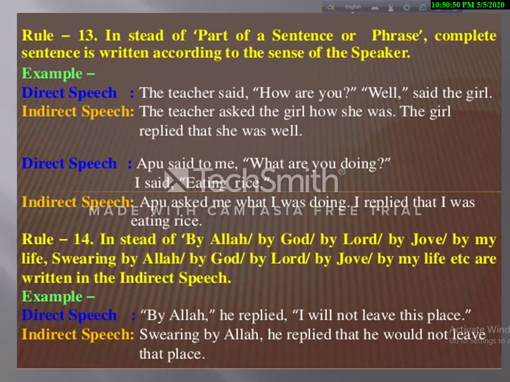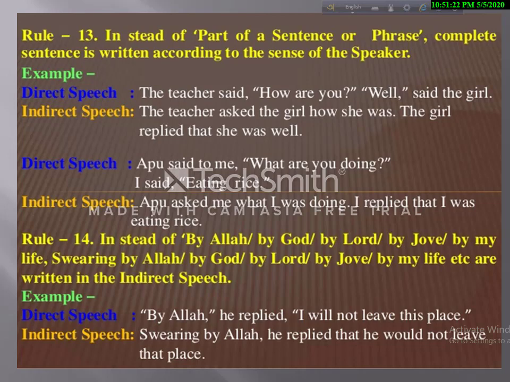Let us have another example. Father said to me, "What are you doing?" I said, "Eating rice." So eating rice is not a sentence. It is a sense. Okay. Using this phrase, I have expressed what I am doing or what I was doing. But it is an informal sentence. So what should be its formal or complete sentence?